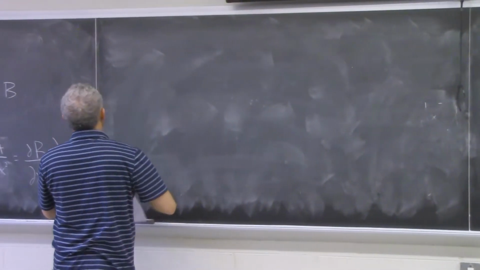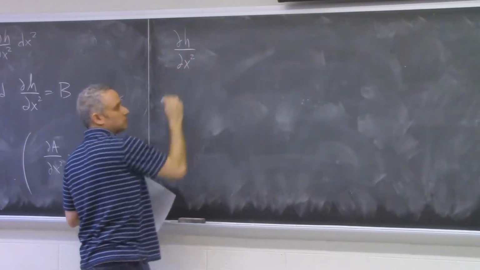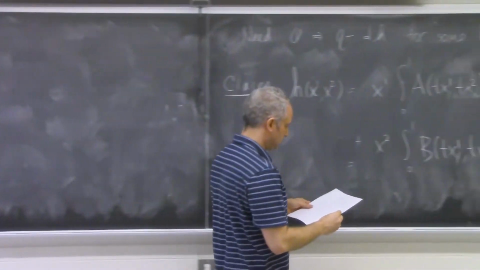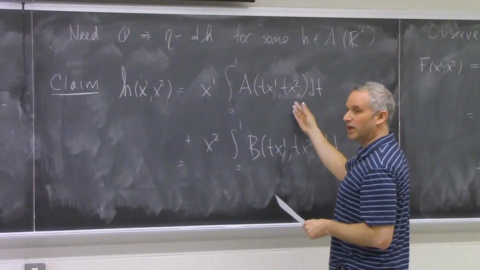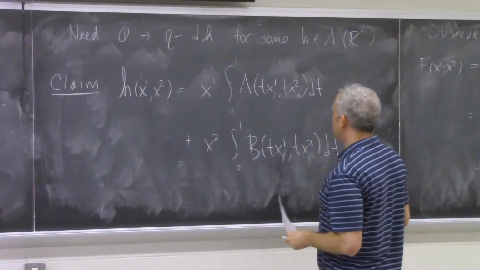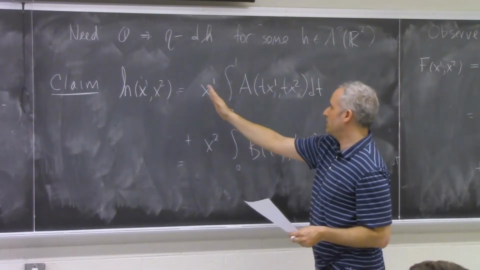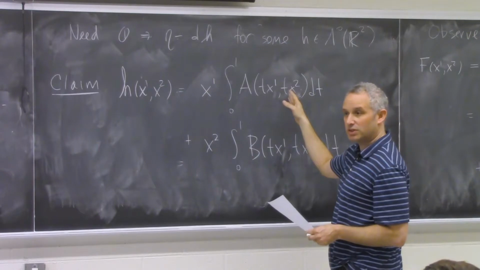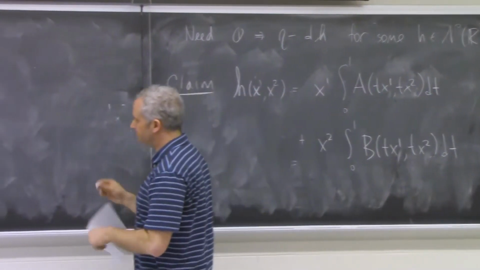So now let's compute the partial derivative of h with respect to its second variable. Good, so here's our formula for little h. When we take the partial derivative with respect to x2, the partial derivative comes inside the integrand, and we take the partial derivative of this. So this term will give us one term.